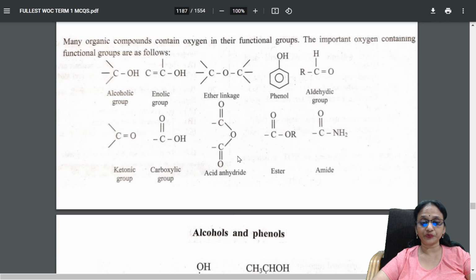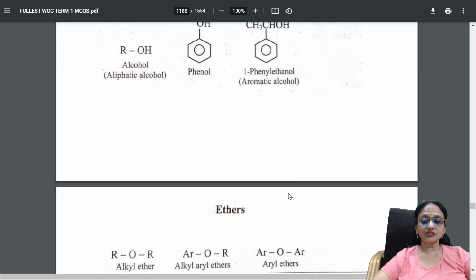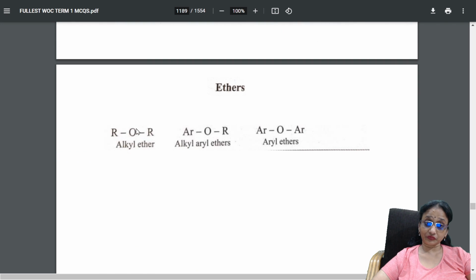Alcohols are aliphatic compounds and phenols are aromatic compounds, right? Ethers can be aliphatic ethers, aromatic ethers, or a combination of alkyl and aryl ethers.